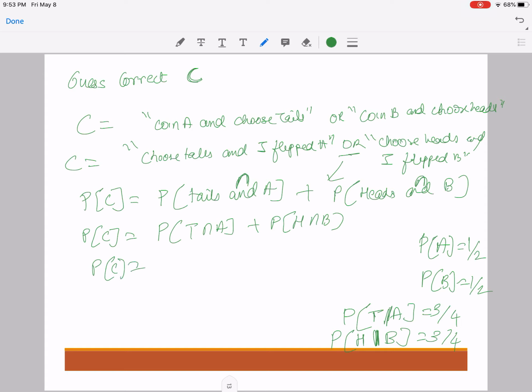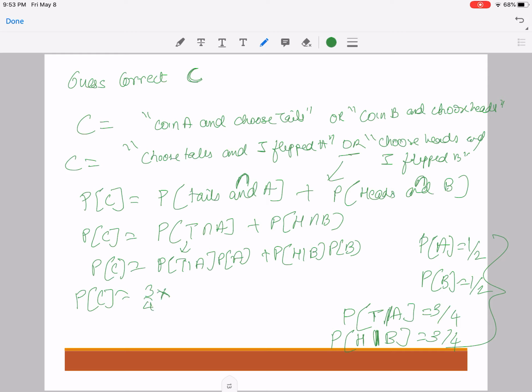So I can write this equation something like this: probability of T given A times probability of A plus probability of heads given B times probability of B. So I have these individual terms right here. So I'm going to just plug and chug. Probability of T given A is 3/4.